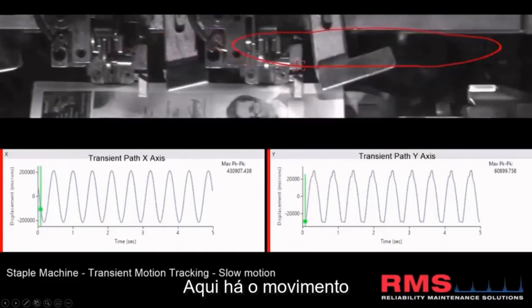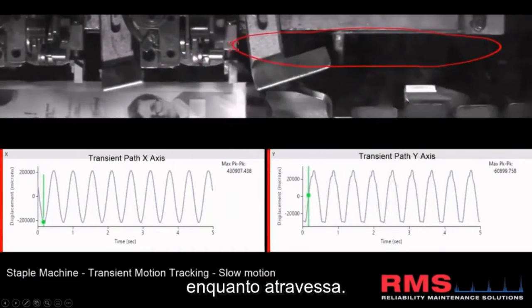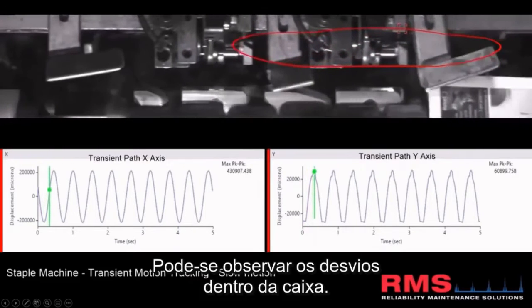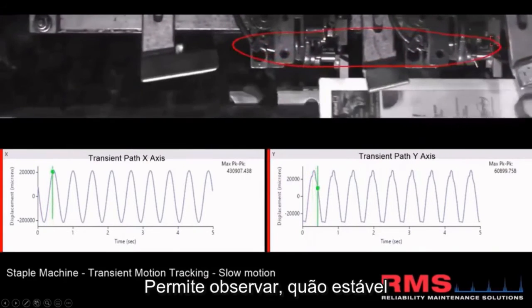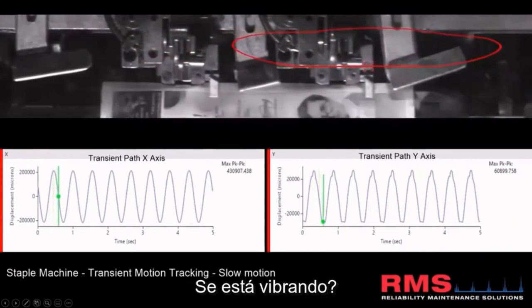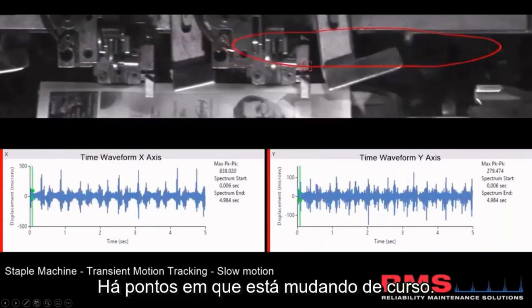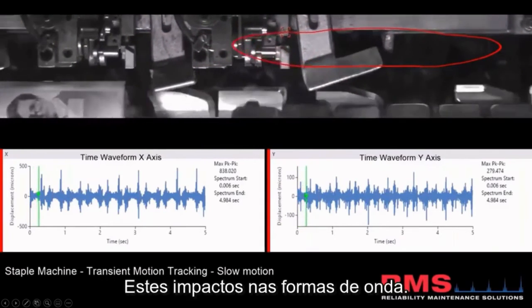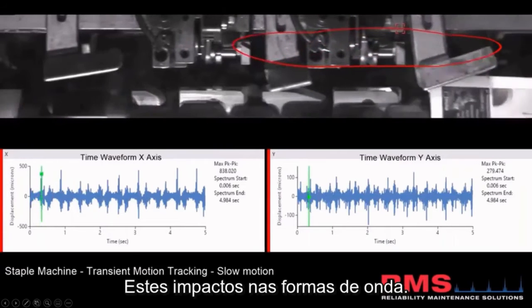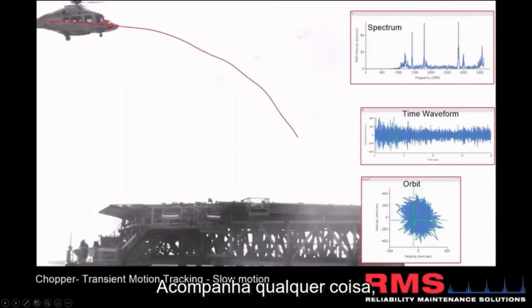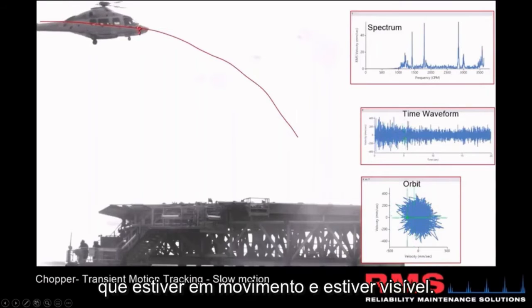So there's the motion as it's traversing through. Again, you can see the deviations inside that box to see how stable that motion is. Is it vibrating? Are there points where it's altering from its course, impacting in these waveforms? So tracking really anything, if it's moving and you can see it.